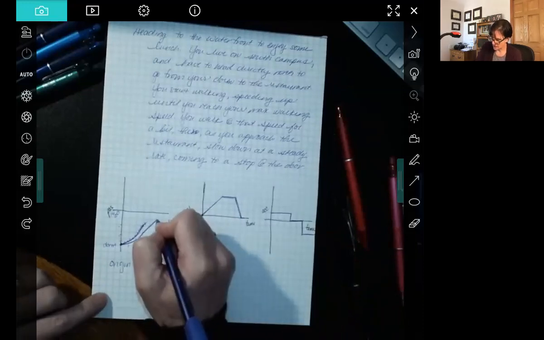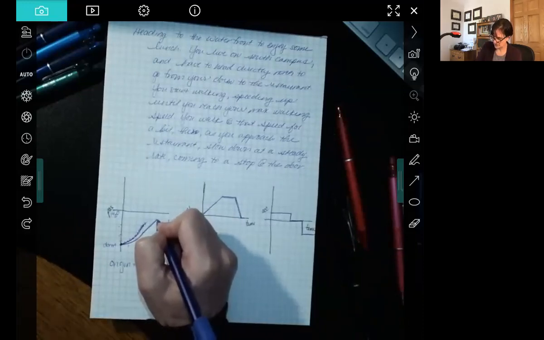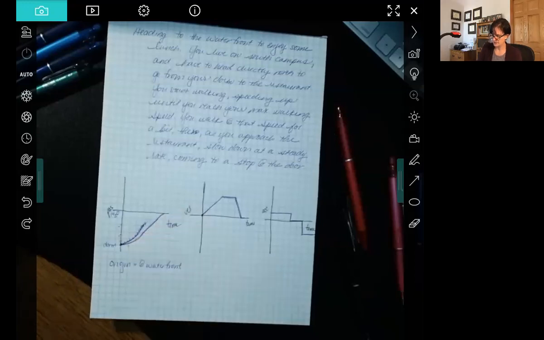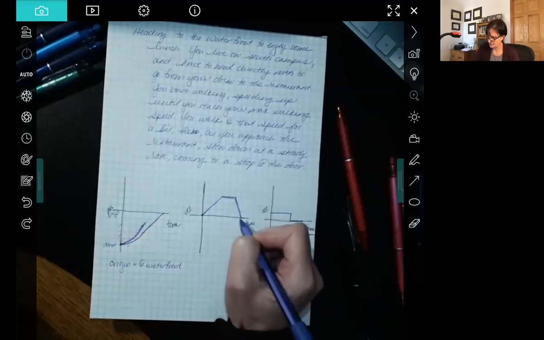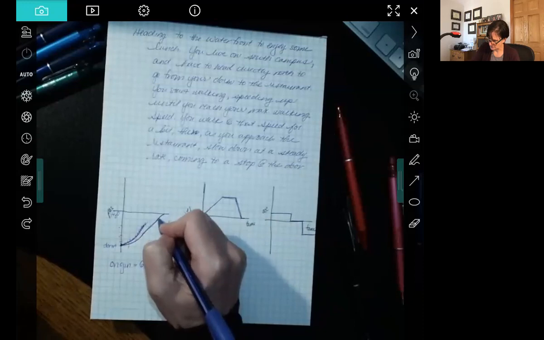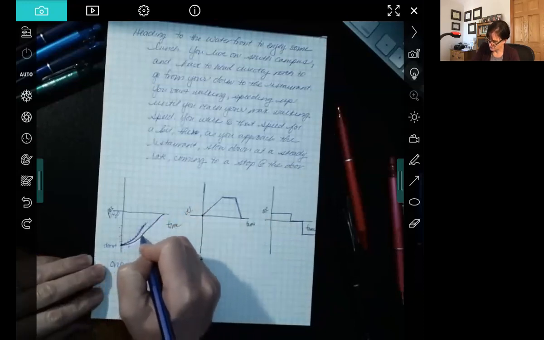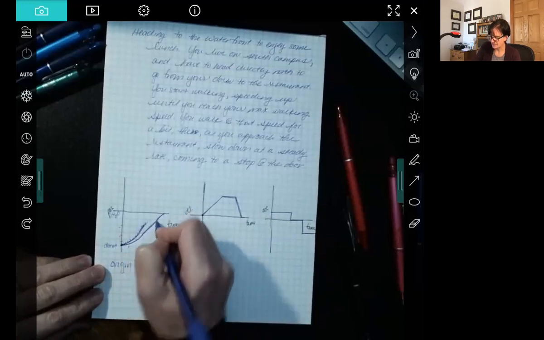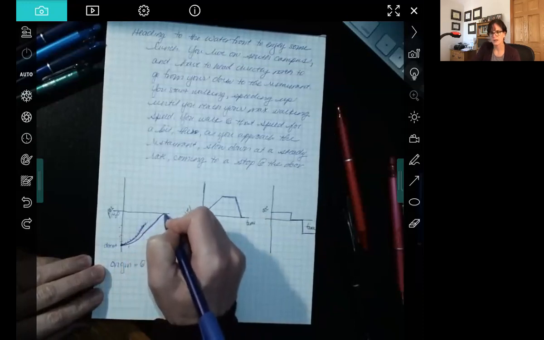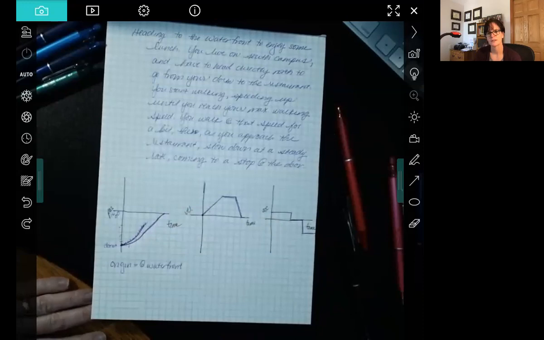I start out at this speed, but I slow very quickly to reach the waterfront over that single time period. So I'm speeding up, I have this curve, then I head at a steady rate, and then I slow down until I reach the waterfront.